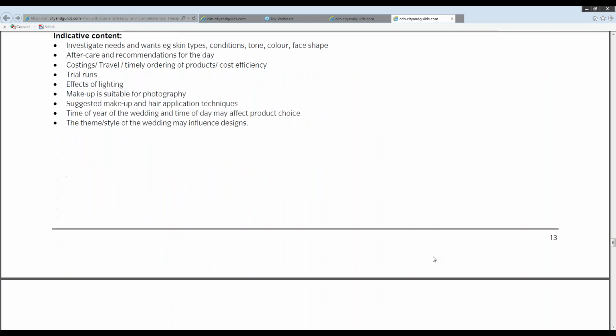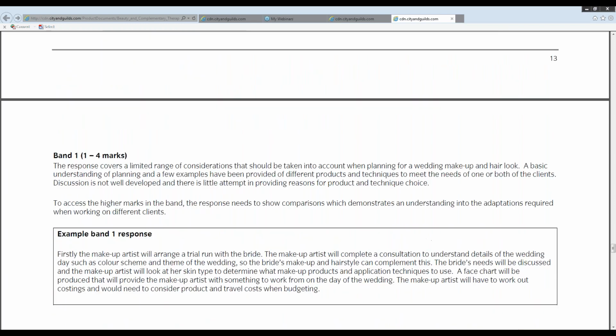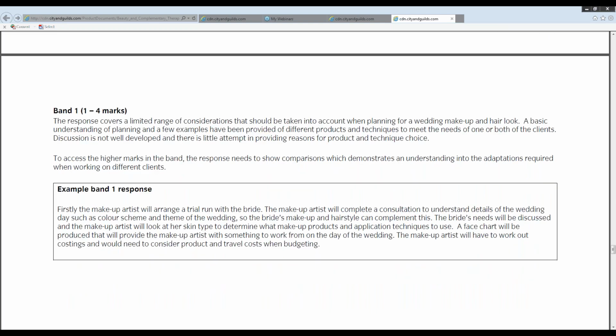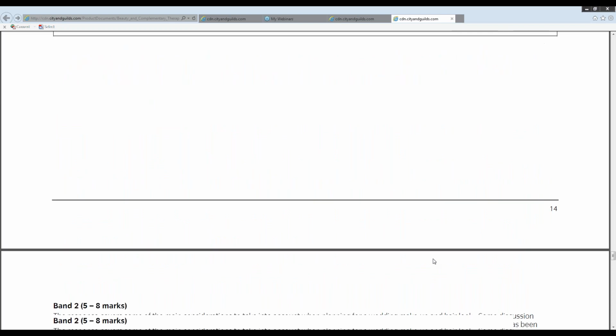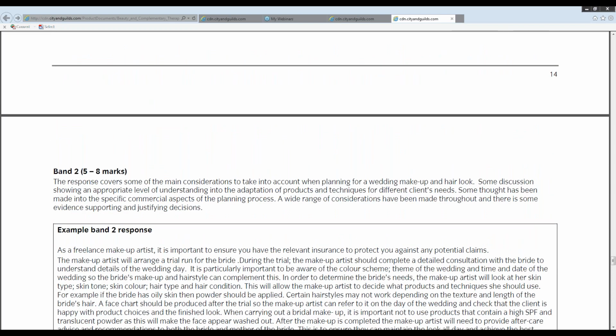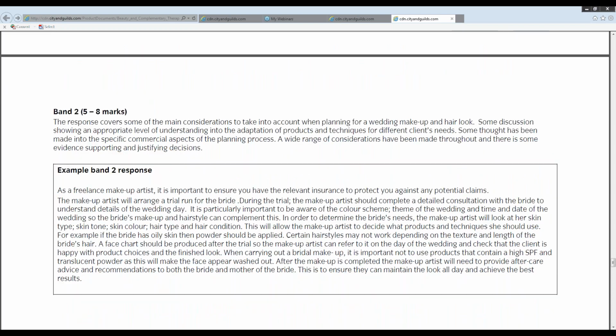And then what we have done in the exam guides is we've given you a response from a learner that is a lower level learner. And this response would get 1 to 4 marks. And it's quite a brief response. Then we've given you an example from a middle of the road learner that maybe would get 5 to 8 marks. It goes into a little bit more detail.